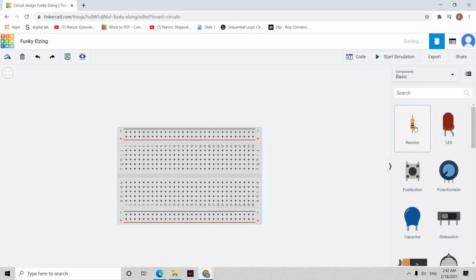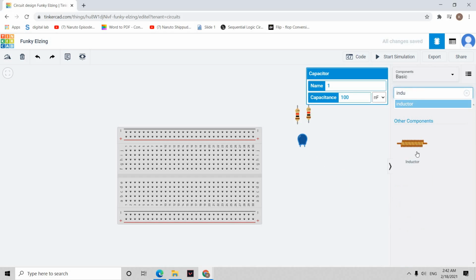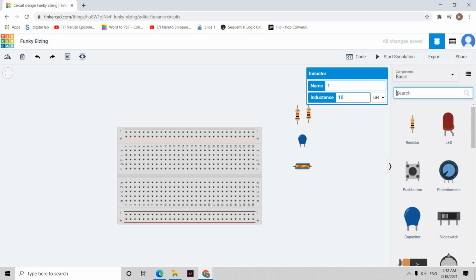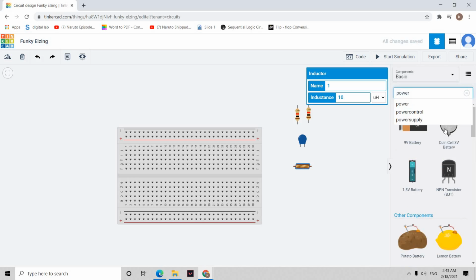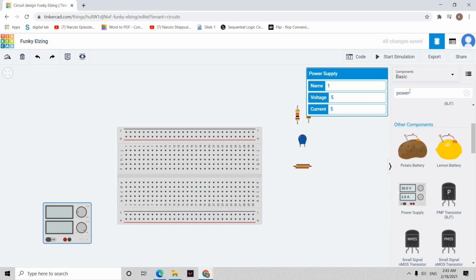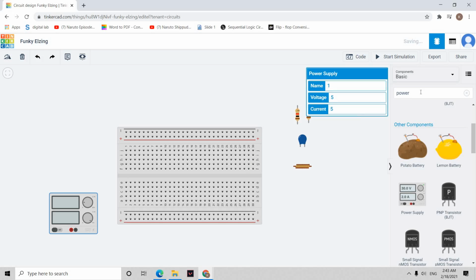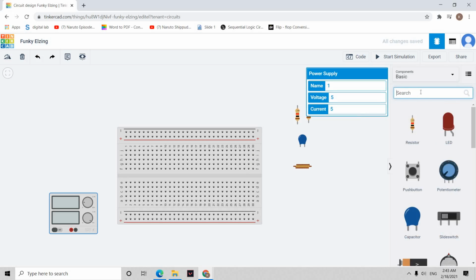Then in the circuit we have two resistors, one capacitor, one inductor, and other than these components we have a DC power supply and multimeters.